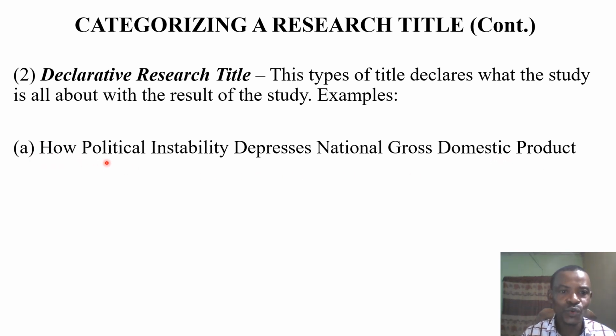This title is telling us that political instability depresses GDP. That means it has declared that political instability reduces or lowers a nation's GDP.